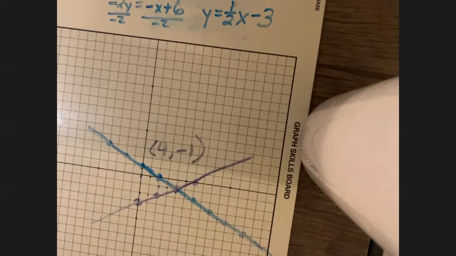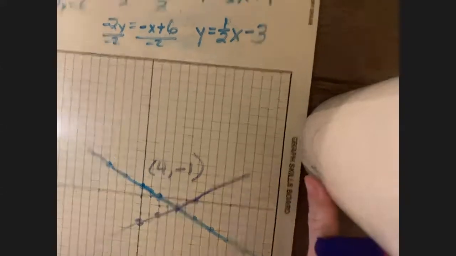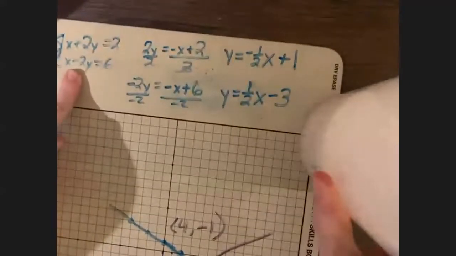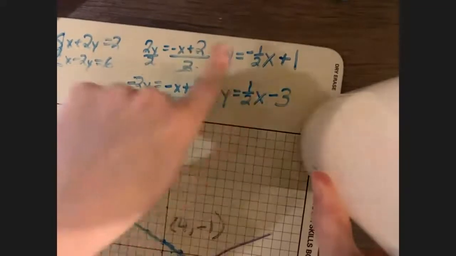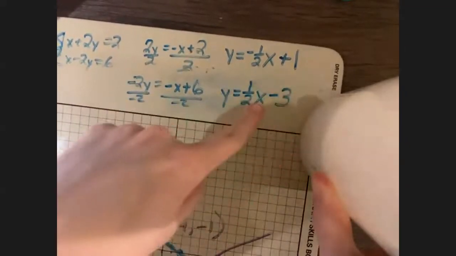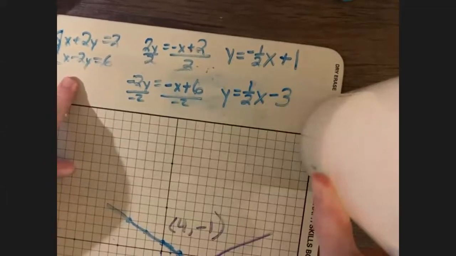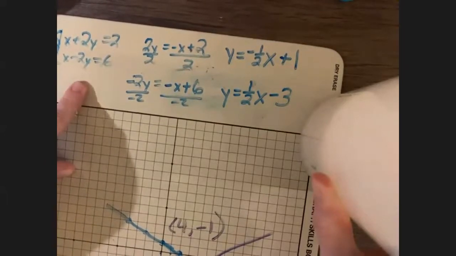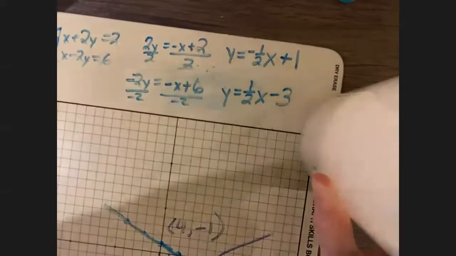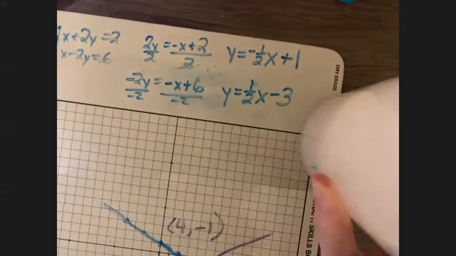You can always check this by taking 4, negative 1. I would honestly go back to these over here, because that's going to be a little bit simpler than trying to run it into something with a fraction over here. If you're not sure, you can always plug it back into both equations and make sure that 4, negative 1 actually works in both equations.